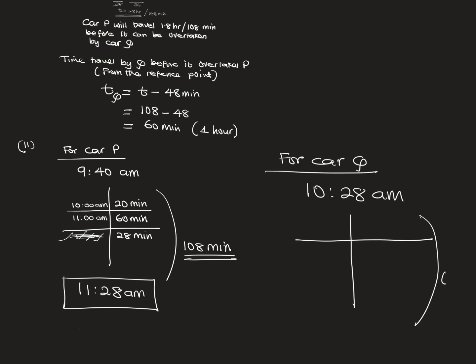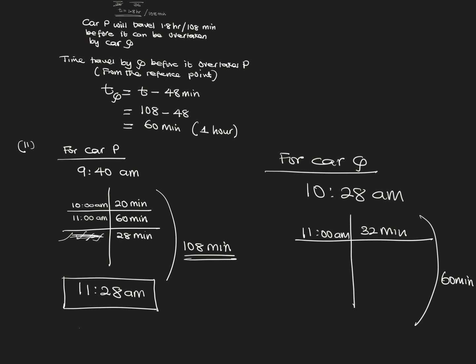So we're going to add 60 minutes to this time. We have 28 here. How much do I need to add so that it can be 11? That will be 32, right? That will be 32 minutes, so that it can come to 11 o'clock a.m.